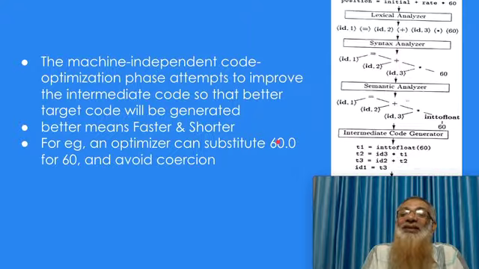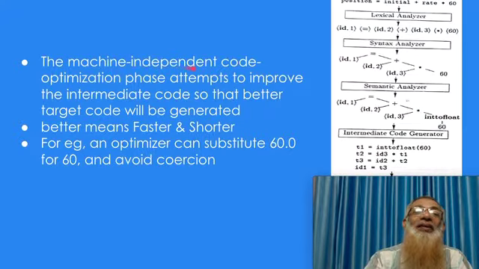So such simple things which we may feel are small will add a lot of miracles to the target code being produced. Our code will be drastically modified. And all these things will be done in the machine independent code optimization phase.